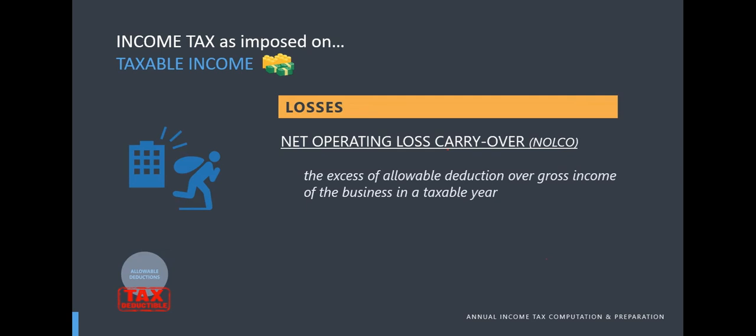Let's say, for example, the taxpayer has 2 million deductions during the year, while the gross income only amounted to 1.8 million. So there is a net operating loss amounting to 200,000.